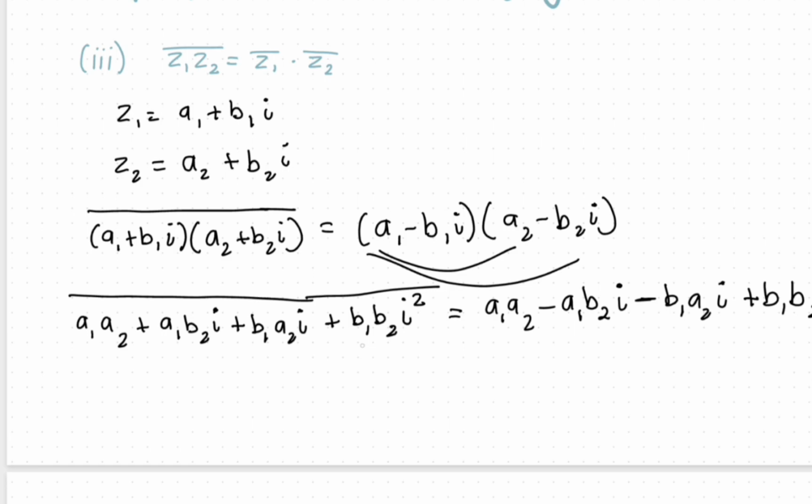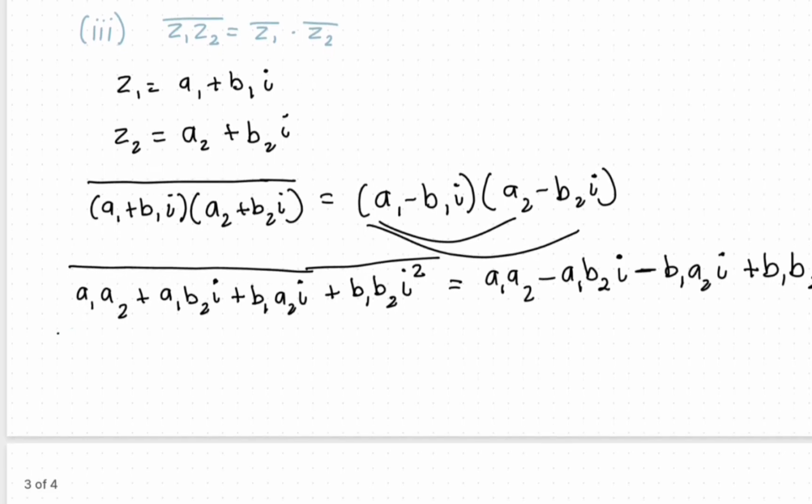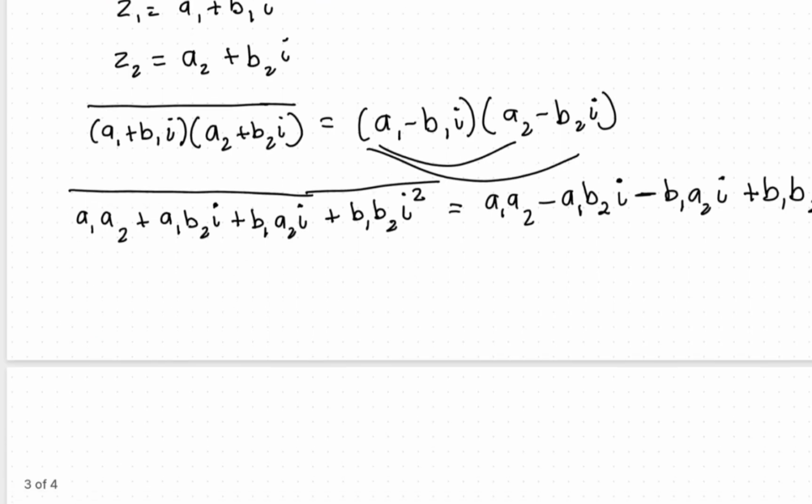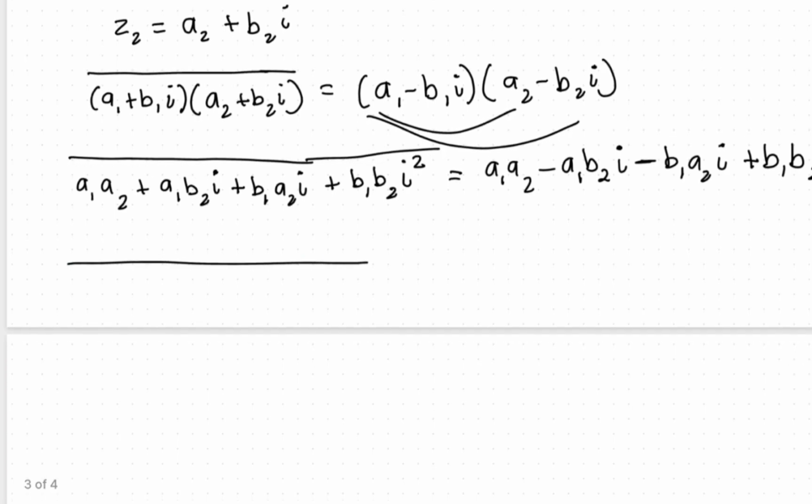Now let's simplify this part. I'm going to keep all of this the same. That's still the conjugate of A1A2 plus A1B2I. On second thought, let's take the I from these two terms out, so that's plus A1B2 plus B1A2, times I. And I squared, from part 1, we learned, is actually equal to -1.